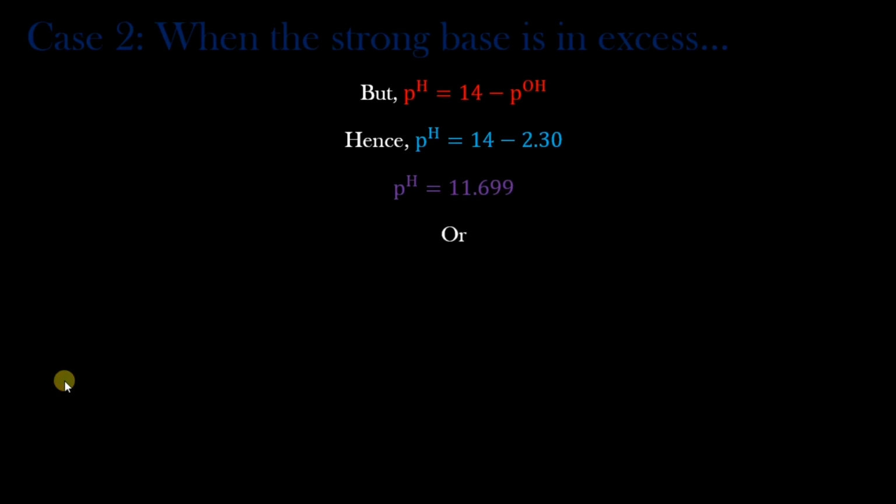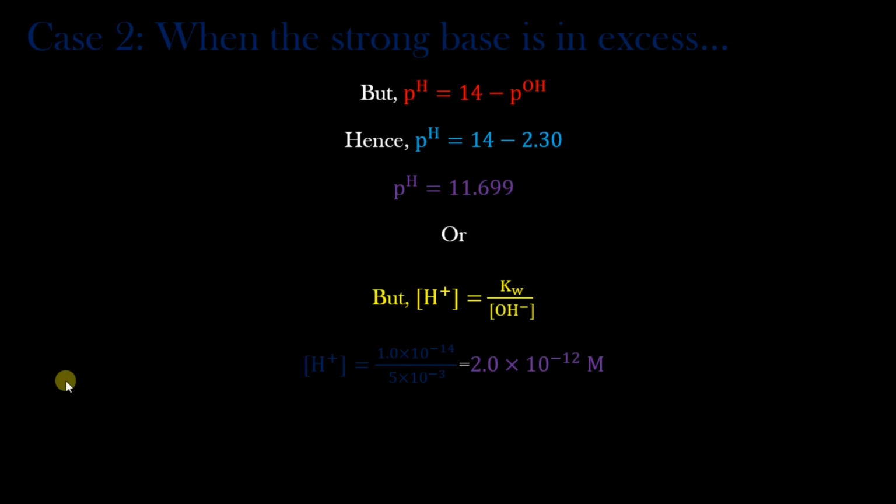Then the other option is to use Kw and the concentration of hydroxyl ion to obtain the molar concentration of hydrogen ions. If we get Kw divided by the molar concentration of hydroxyl ion, it will give us the molar concentration of hydrogen ions, which is 2 × 10^-12 moles per decimeter cubed.